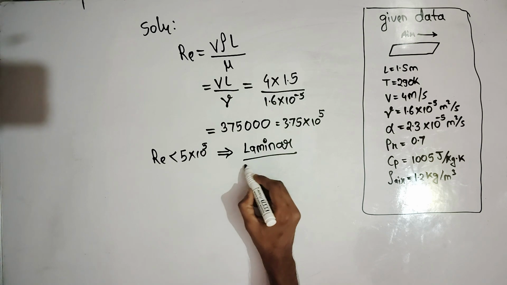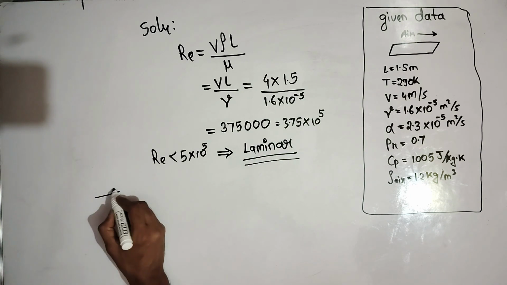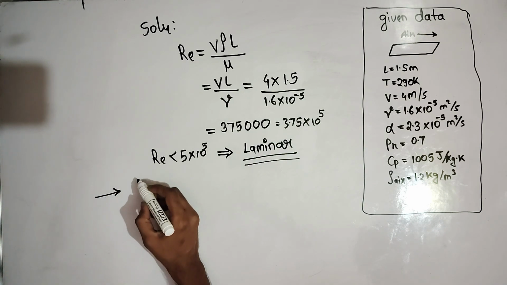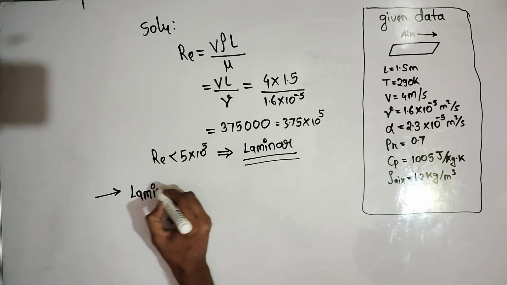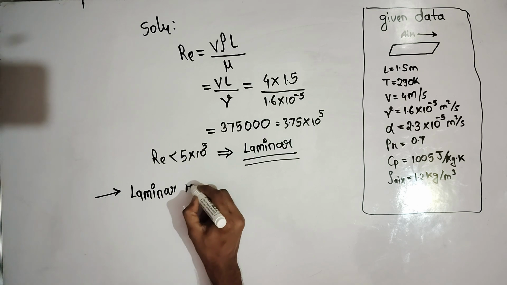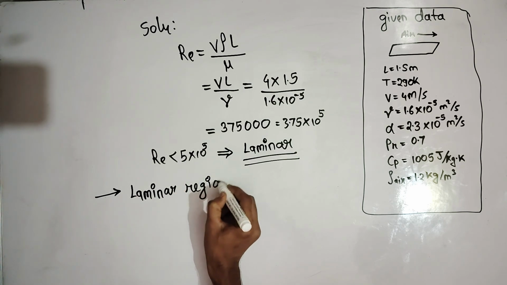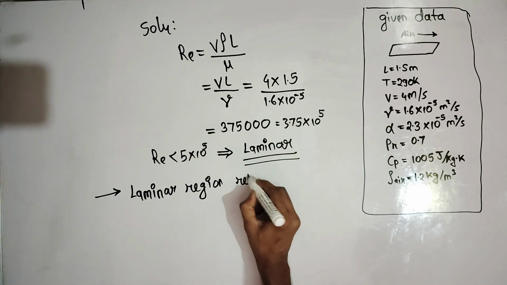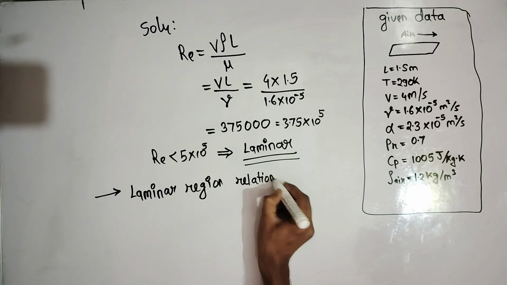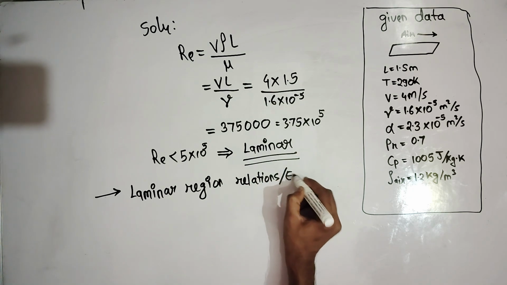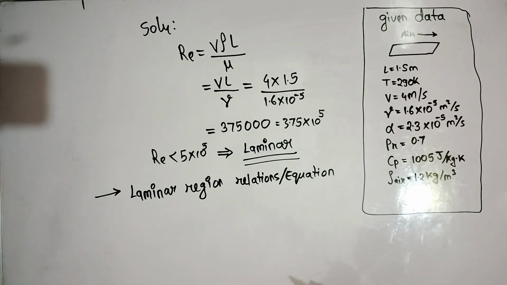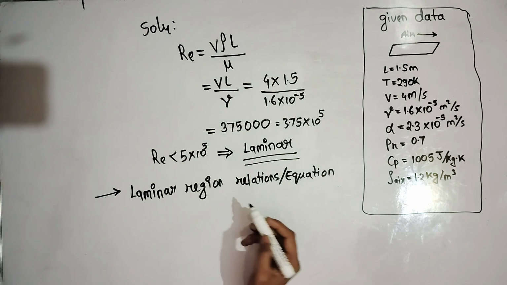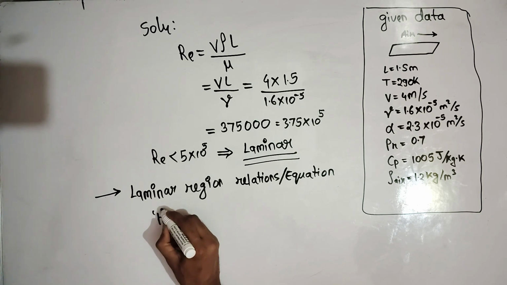So the flow is laminar, and we have to use the laminar region relations or equations to solve this problem. So we have to find out the heat transfer coefficient.